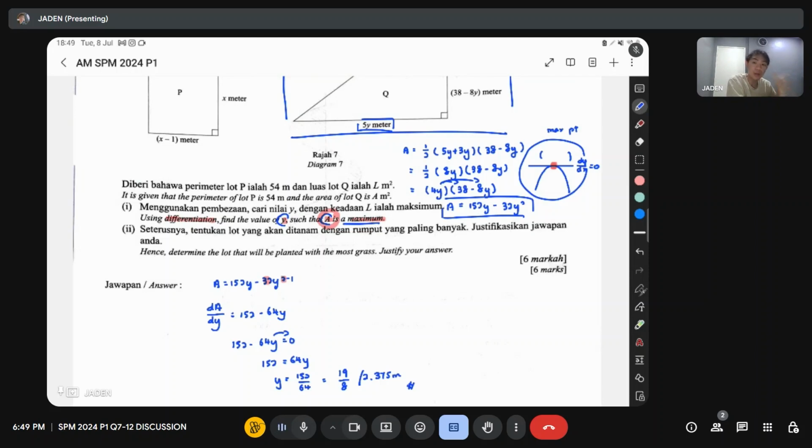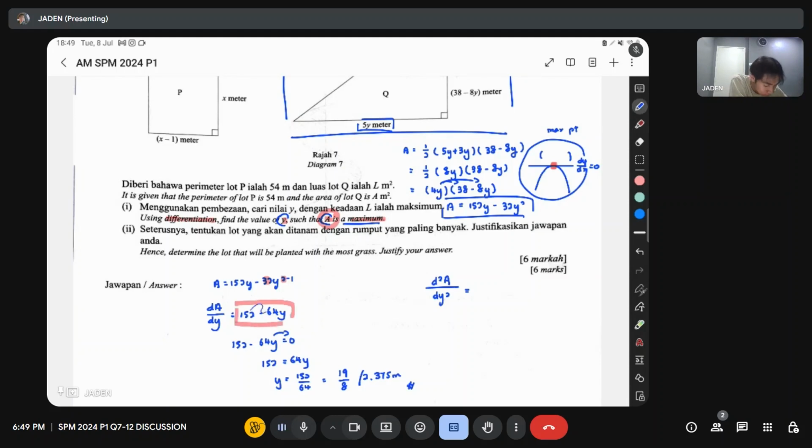And also, how do you prove that this is actually a maximum area? Now, if you want to prove this, this is the continuing step. d squared A over dy squared. You have to perform double differentiation. Double differentiation means you will differentiate one more time from here.